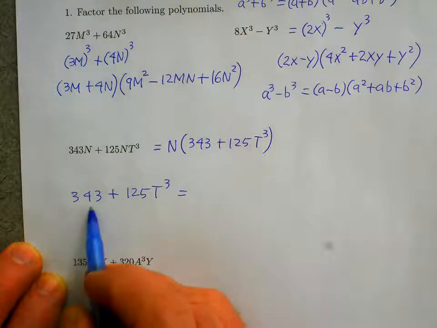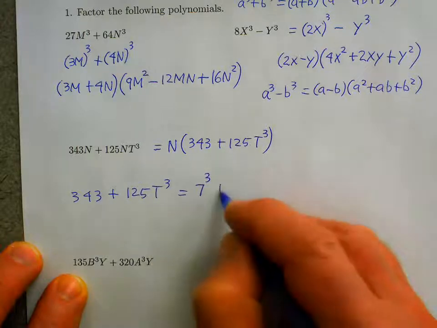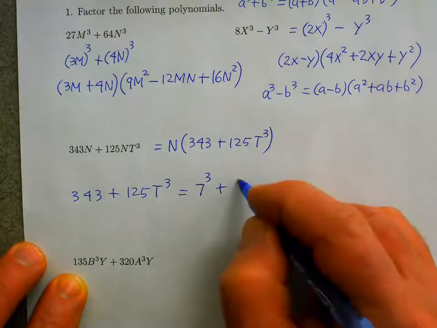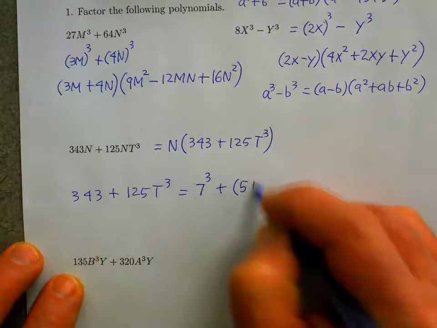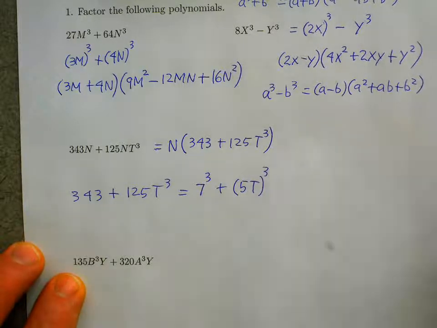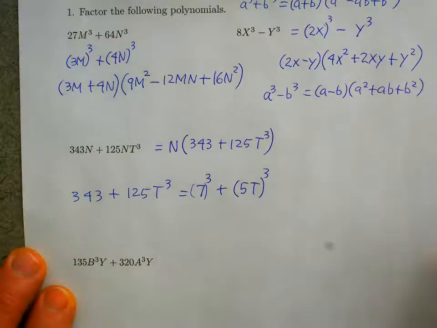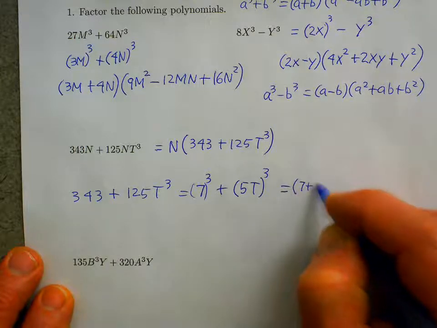So 343 is 7 to the third, and 125t to the third is equivalent to raising the term 5t to the third. So we have a sum of cubes. The binomial factor is 7 plus 5t.